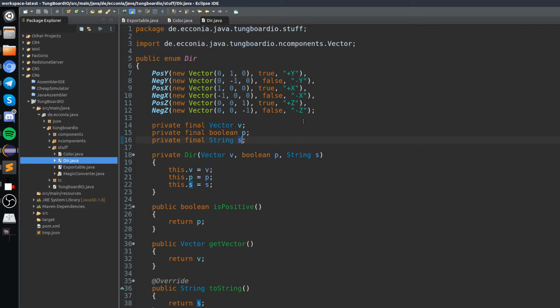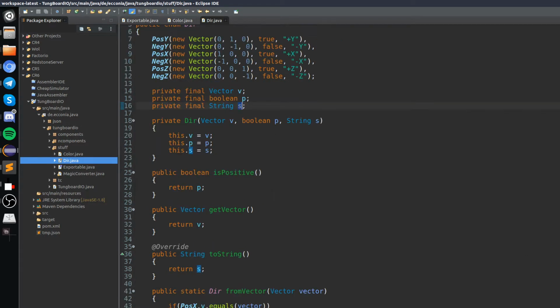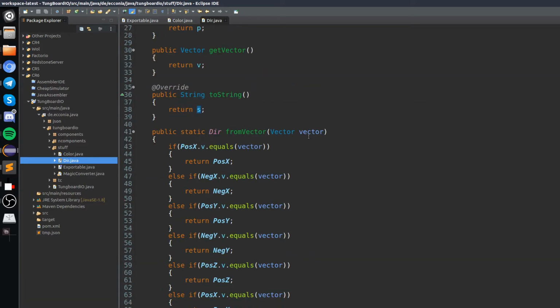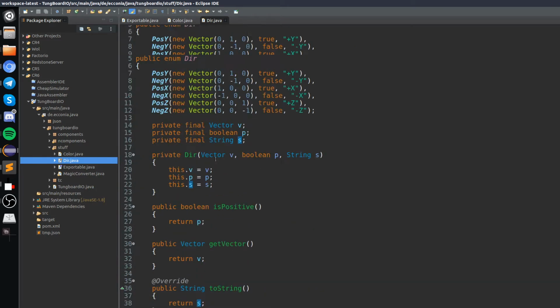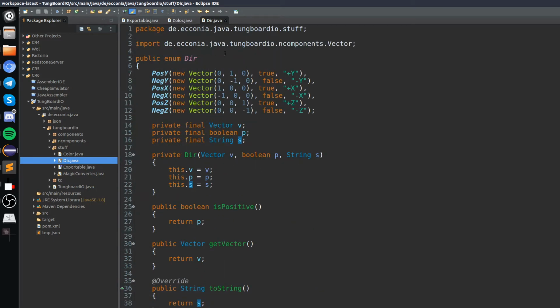And I have a string here for printing in console, which is currently quite corrupted. However, that is just a simple enum, which lets me convert a vector to a direction and a direction to a vector. Awesome. Also, I had the issue, what if a user is stupid enough to use a direction which is not one of these? I don't want to catch that, so if I'm using this enum, the user cannot do that.